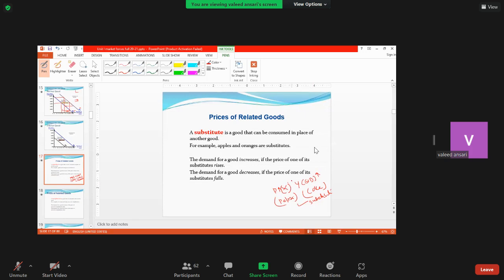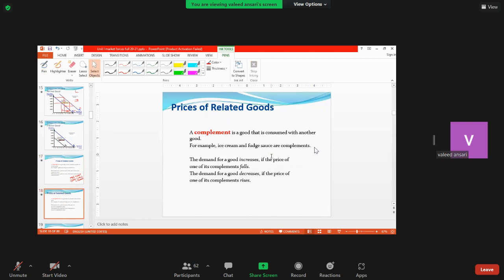So what happens is that if the price of a good increases, then the demand for that good decreases, and the consumer may switch from one product to another because there is the possibility of replacing it with other products. But there are certain products which are used together, like computer software and hardware. A typical example is pen and ink.